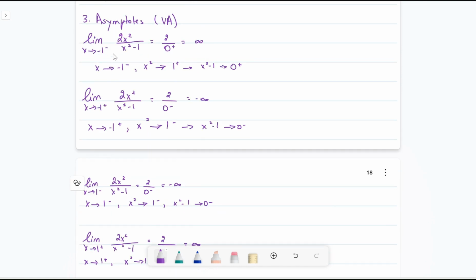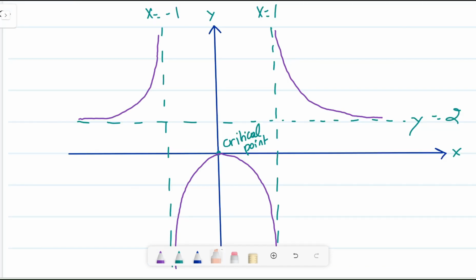Now, as we approach -1 from the left, the graph approaches infinity. And as we approach -1 from the right, the graph approaches negative infinity.